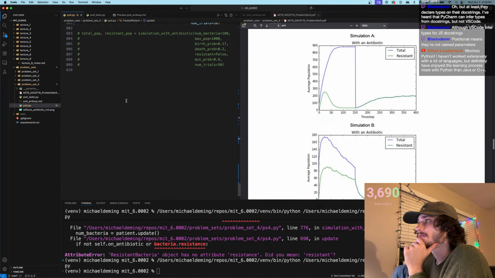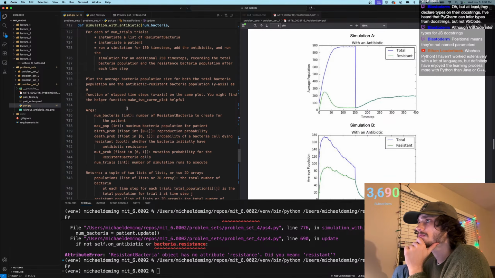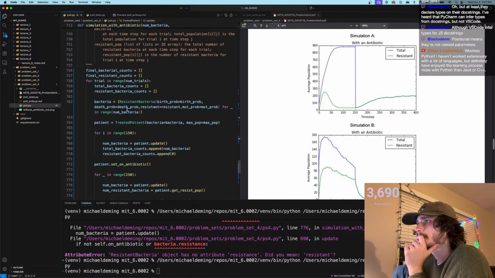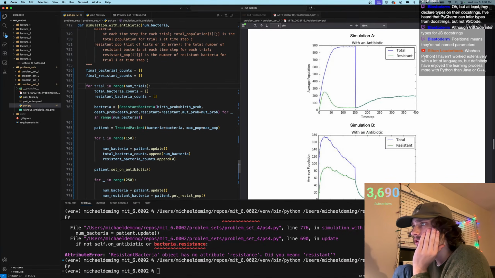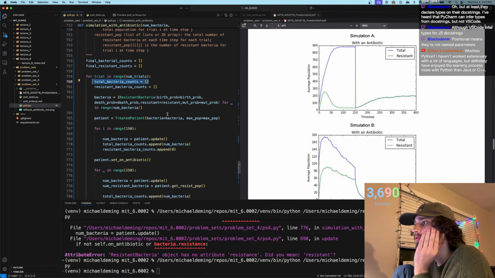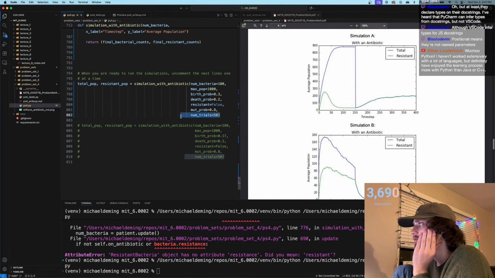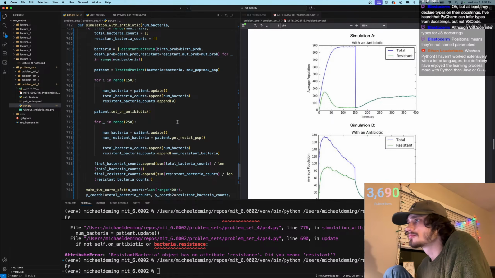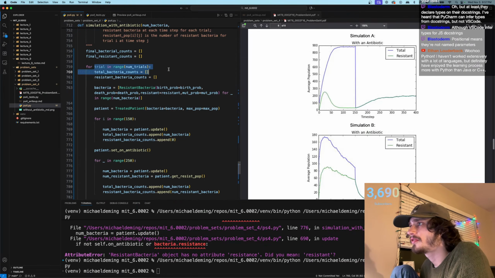Okay, so for every trial, we're going over trials, we're creating a list of bacteria counts. So this has how many trials? 50 trials. Okay, so what we're going to do is go over 50 loops.